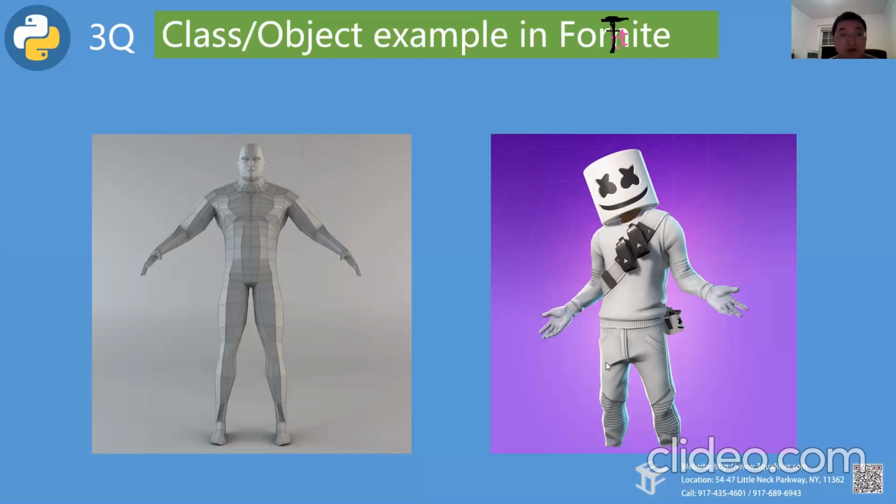That's called class. I only know the type of class needs to have a name, needs to have a dress. But on the right side, these people have more details. Looks like a man, although he wears a mask, and he has a skin, as it's called in the game. Most games can change to a different skin, different dress, and it has some equipment level. So the right side picture is an example of object.